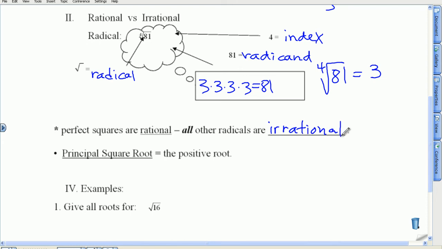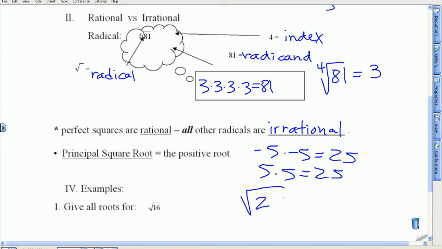For many of the problems that we'll be doing tonight and throughout the chapter, they're going to ask you to find the principal square root. When you take the square root of a number, because negative 5 times negative 5 is 25, just like 5 times 5 is 25, we would say, if we're being smart about it, that the square root of 25 is plus 5 or it's negative 5. However, when they ask you for the principal square root, they only want the positive one.